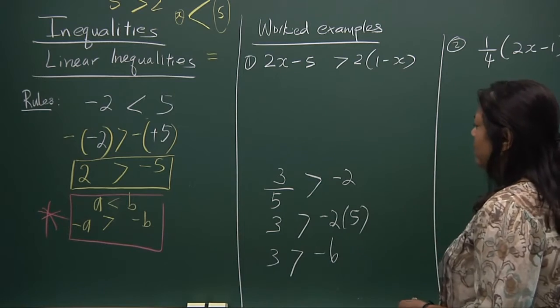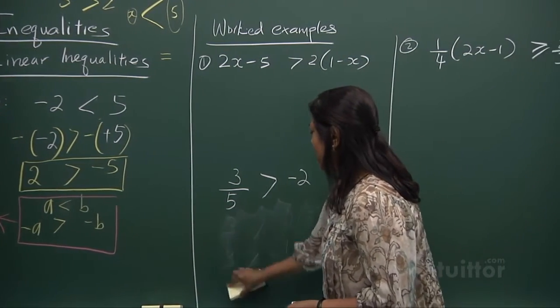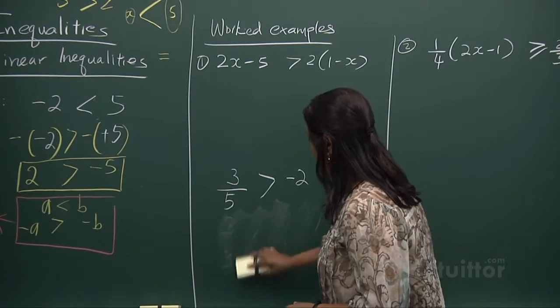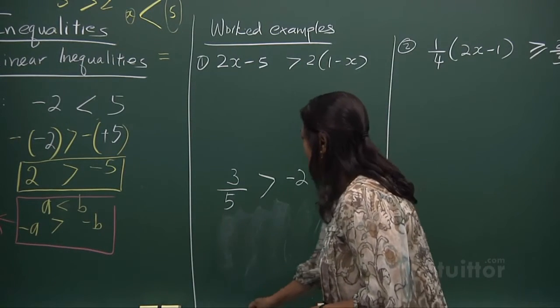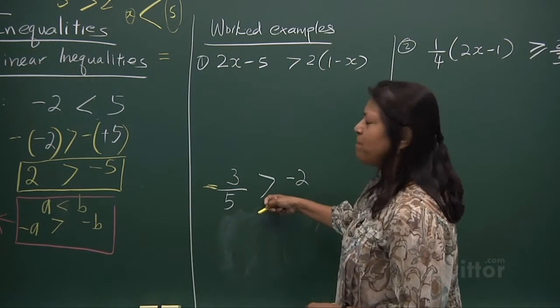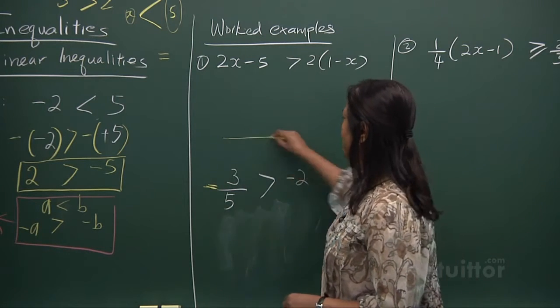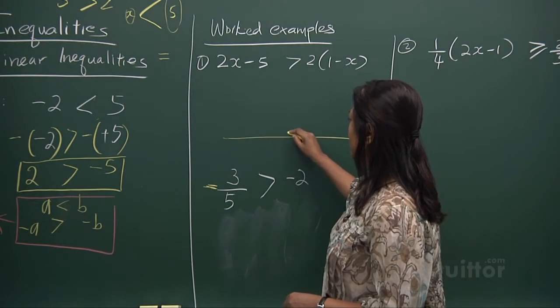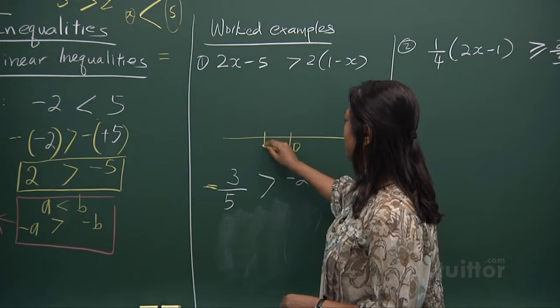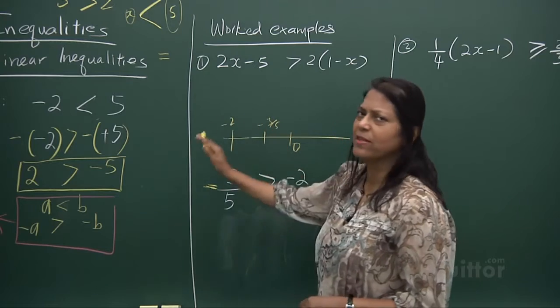Alright, fine. But what happens if I have something like this? Show you, if I have minus 3/5, is bigger than minus 2. Do you agree with me? If you draw a number line, if this is your 0, and this is minus 3/5, minus 2 is further down.